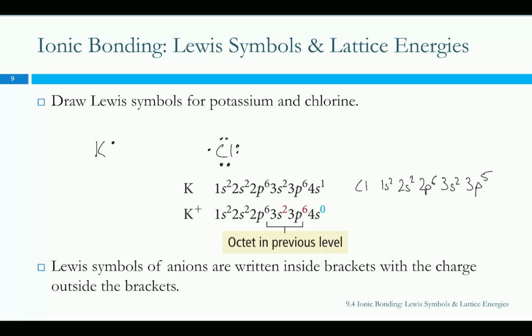By giving it 1 more electron, we can get Cl minus, which would have 1 more electron, giving it a complete octet. Potassium loses the electron, chlorine gains the electron, and now we've got a positive charge and a negative charge because they just swapped electrons pretty close to each other. So those opposite charges attract and they stick together. Oh yeah, I'm going to put brackets back.